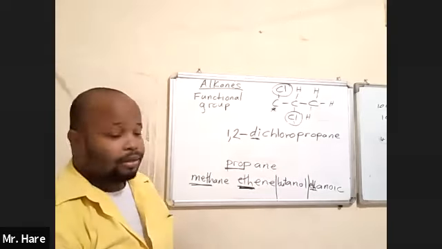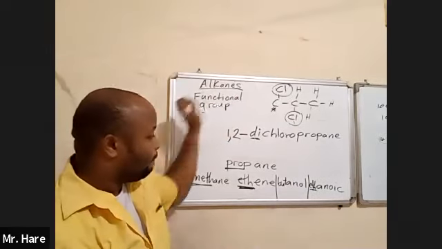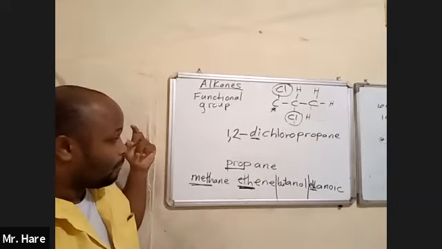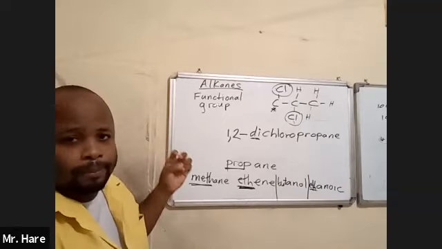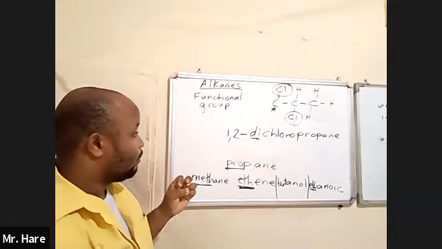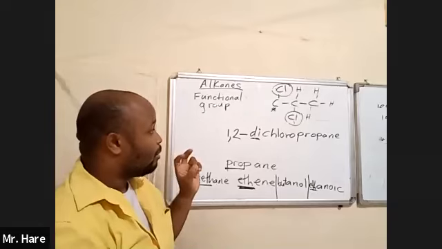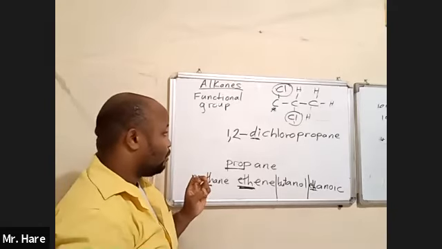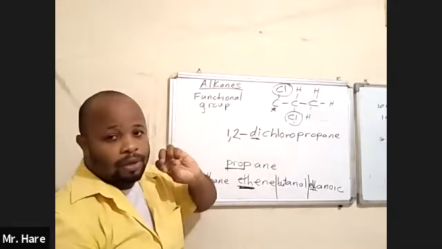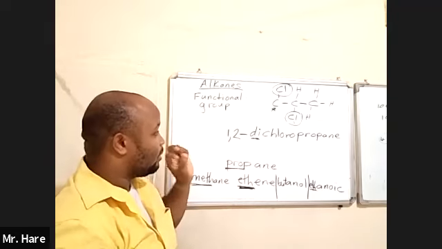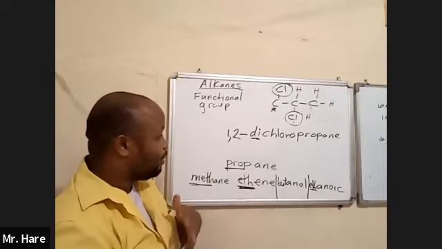propane. Sir, you put dichloro because it's two branches from the same group, right? What if you had like chloro and OH? I'm going to do these scenarios. All right, so I'm just going through them.